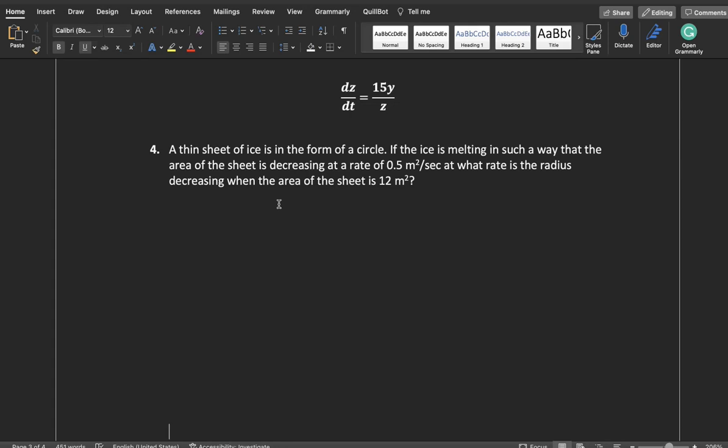And the circle is melting in such a way that the area of the sheet is decreasing at the rate of 0.5 meters squared per second. And we are asked to find the rate at which the radius is decreasing when the area is equal to 12 meters squared.